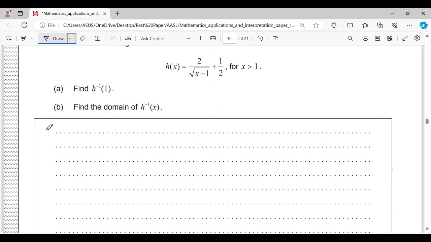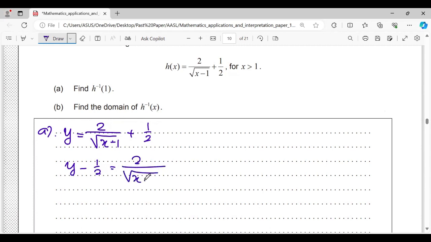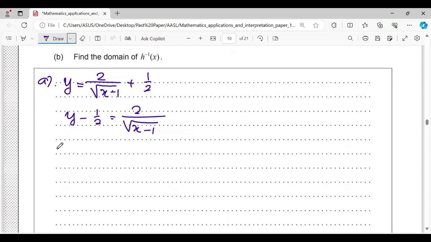So if this function I write as y equals 2 over square root of (x minus 1) plus half, or it is y minus half equals 2 over square root of (x minus 1), or square root of (x minus 1) equals 2 over (y minus half).